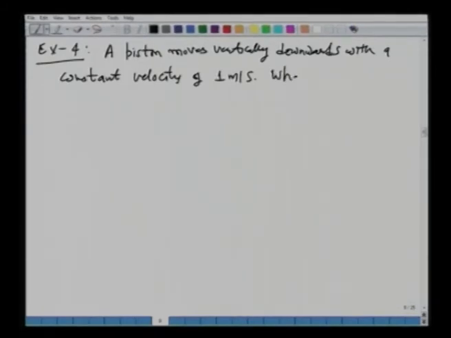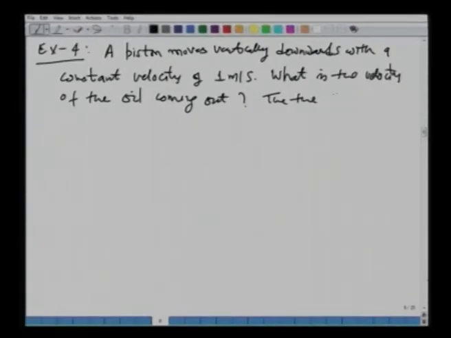What we have to do is find out what is the velocity of the oil coming out. Take the stationary CV that is shown.